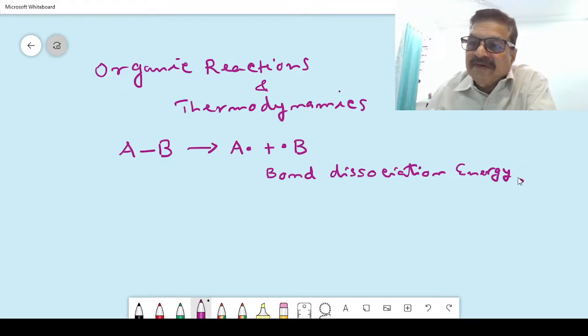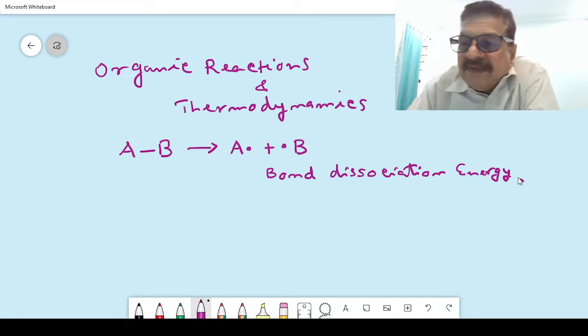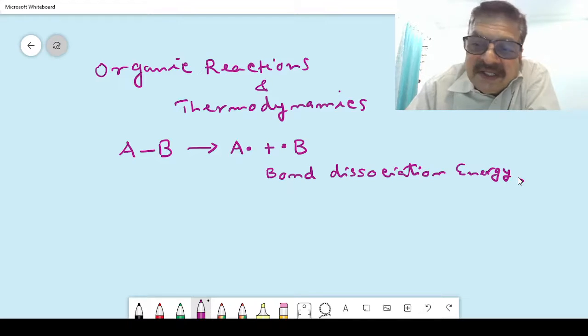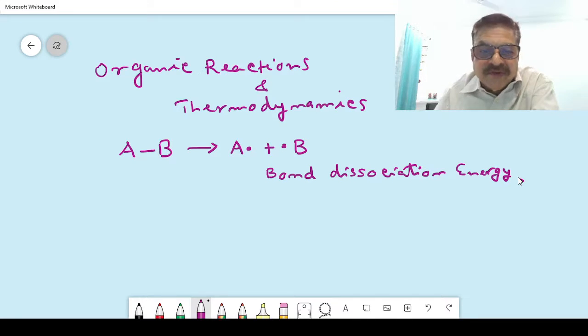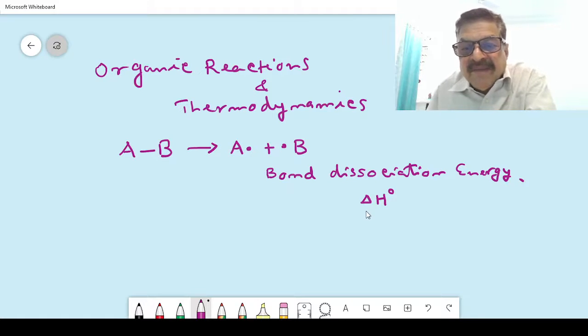Bond dissociation energy. So a bond dissociation energy is for a specific kind of reaction. Here we are talking about a homolytic cleavage of a covalent bond. Bond dissociation energy is usually represented by the symbol delta H, with a superscript degree.